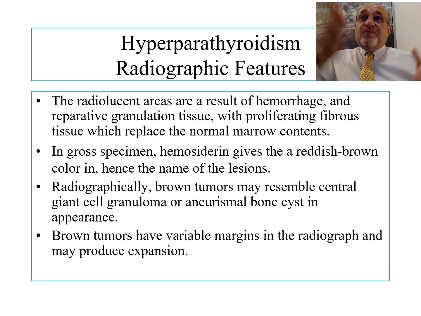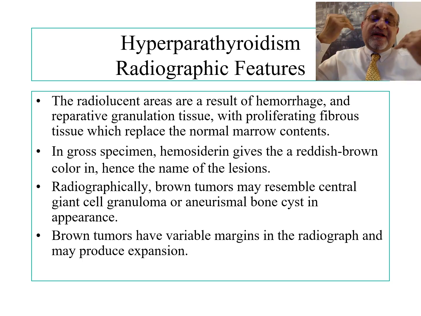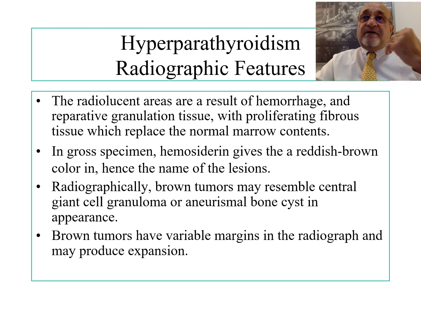In a gross section, when you remove the mandible and cut it, hemosiderin, which is a result of the dissociation of blood, gives a reddish-brown color to the lesion under the microscope, which gives the name brown tumor.